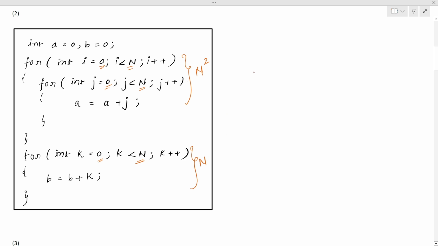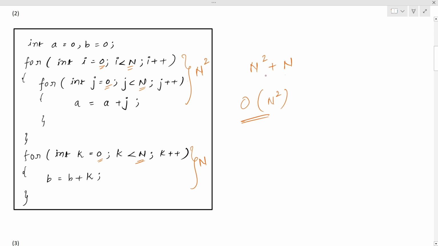So generally the time complexity could be n square plus n, but we need to neglect this lower order term, or if we want to neglect, then we can neglect this n, but we can write the time complexity as big O of n square. Okay, so this is the idea of this question.